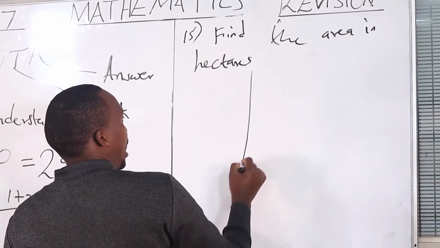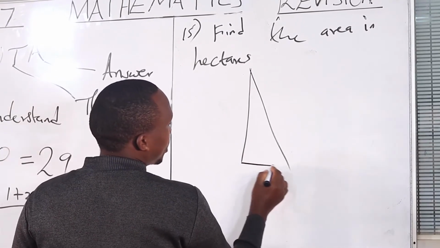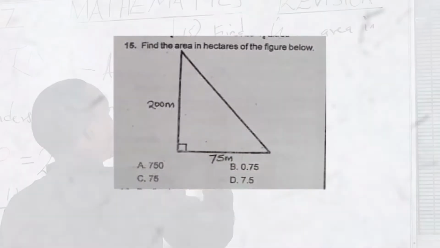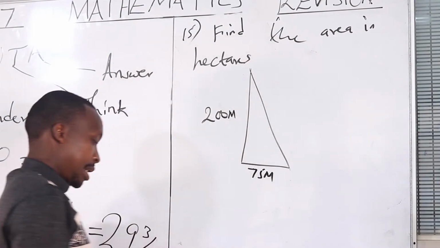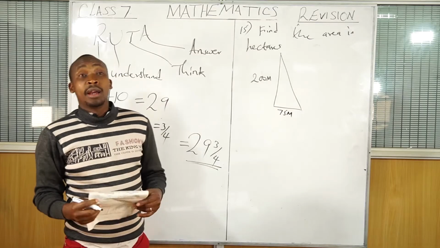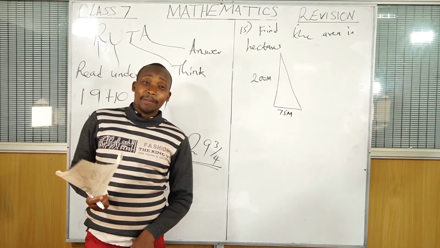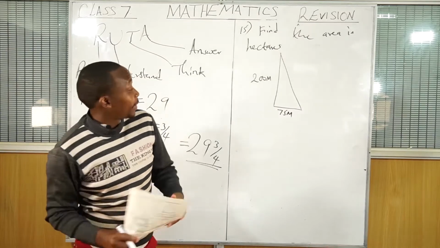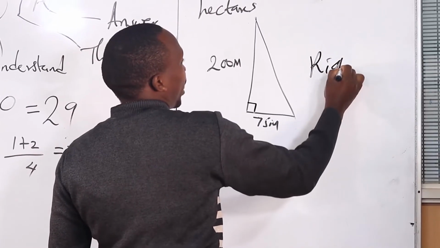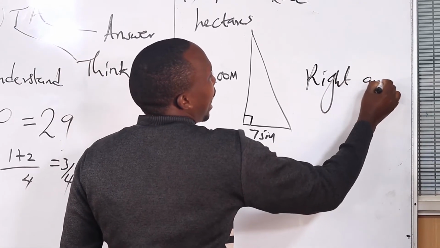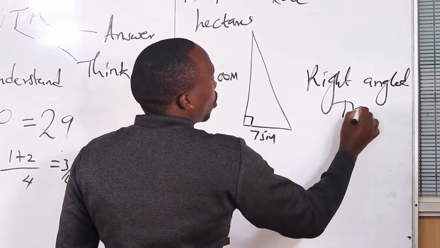You have a triangle there. What is the name of that triangle? Yes, very good. Right-angled triangle.